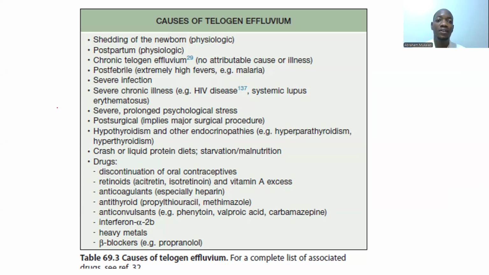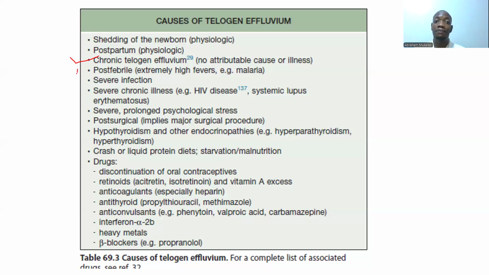Then chronic telogen effluvium has no particular attributable cause, and there's no underlying illness, and it is usually a diagnosis of exclusion after making sure that you have not been able to find any other contributing factor or any diagnosis that can explain the prevailing condition.